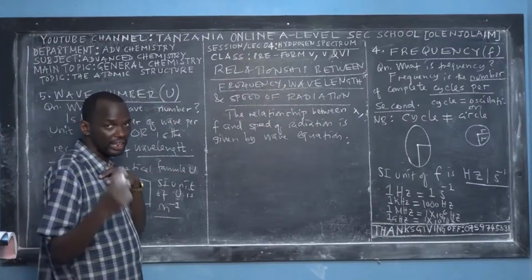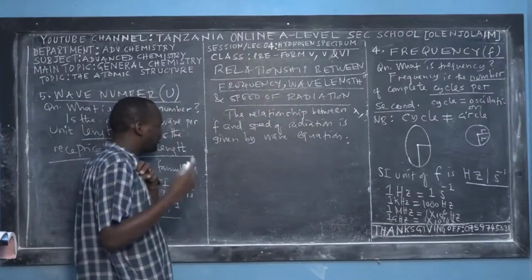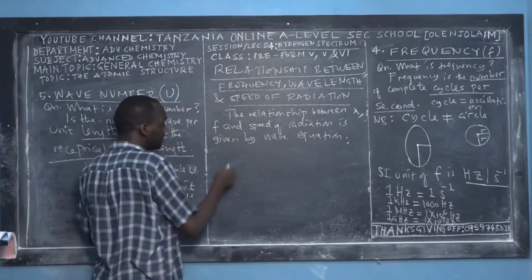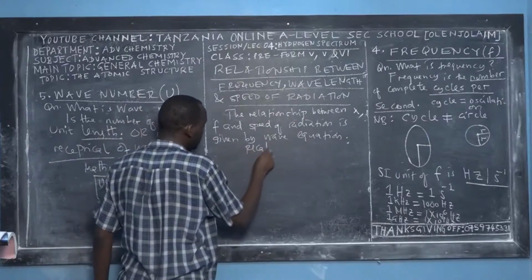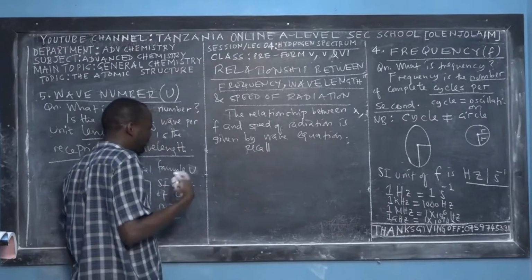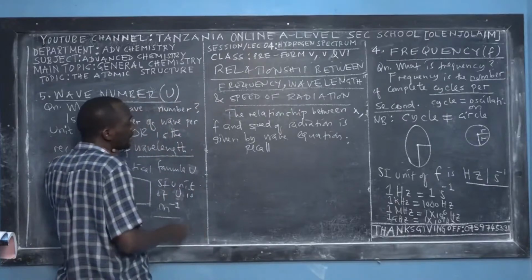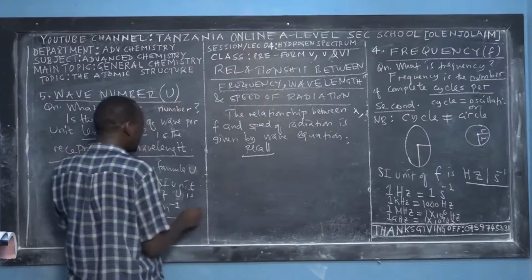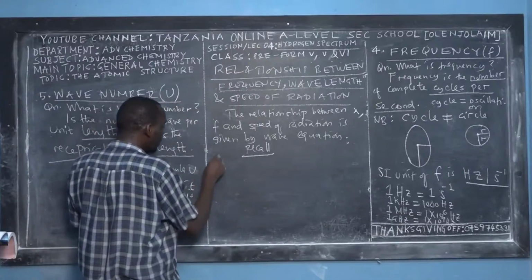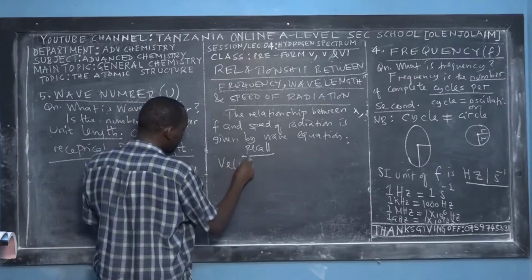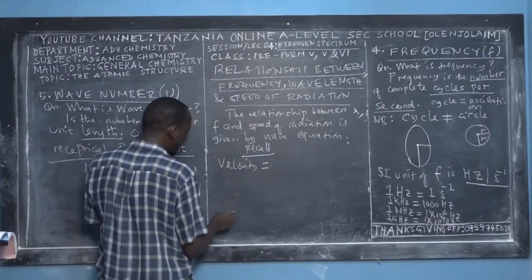You learned it during your Form 4, if you do remember that, just recall. During your Form 4, we taught you how to think in terms of waves by first of all having the fundamental formula for the velocity of the light.